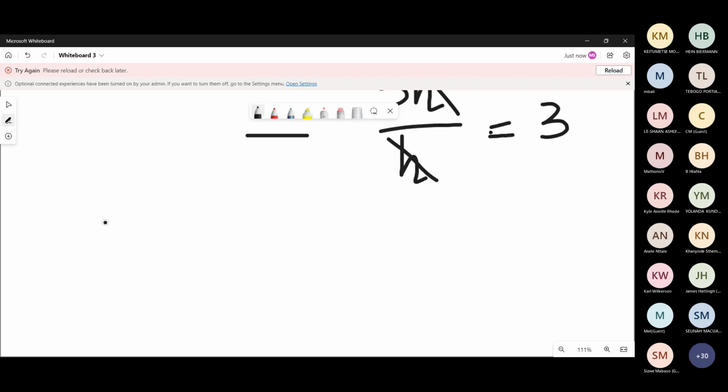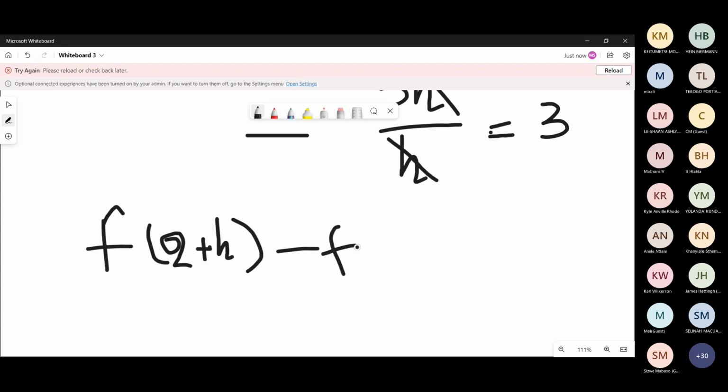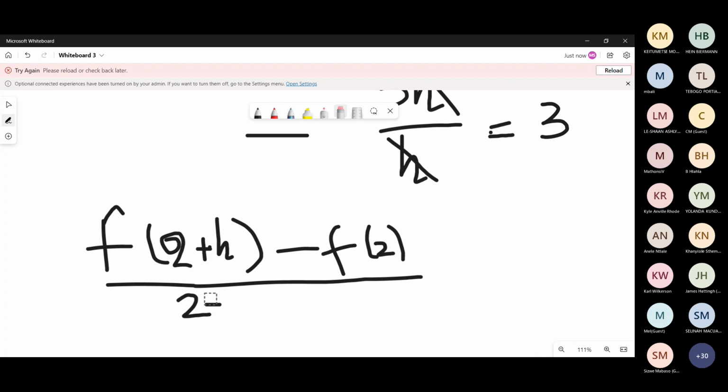I say f of x, sorry, it was 2 plus h, any number 2 plus h minus f of 2, right, divided by this quantity, which is basically like here, like we have 2 plus h, over h.